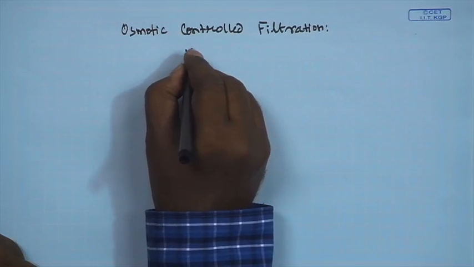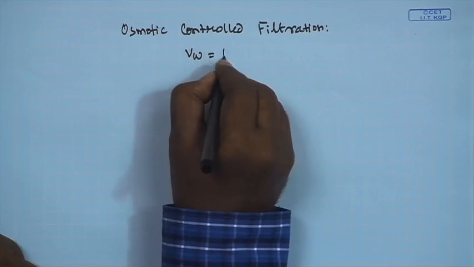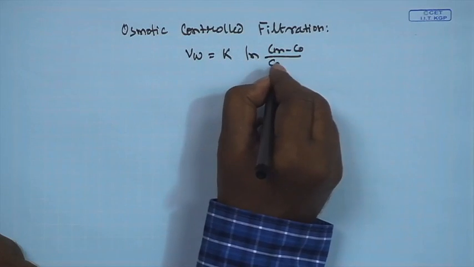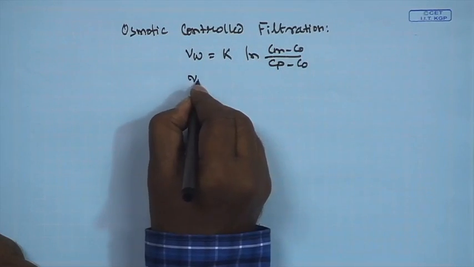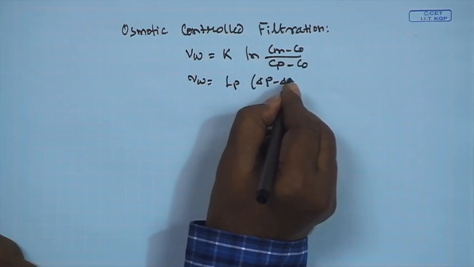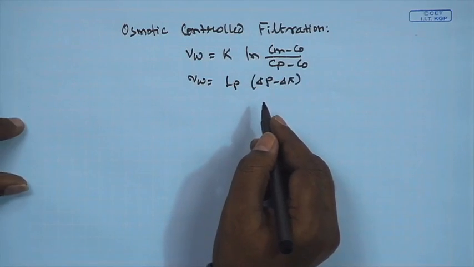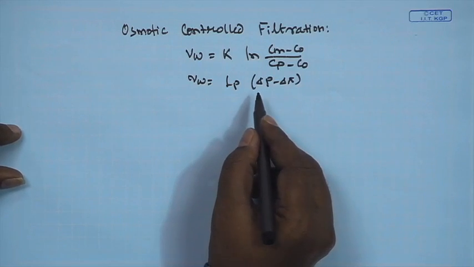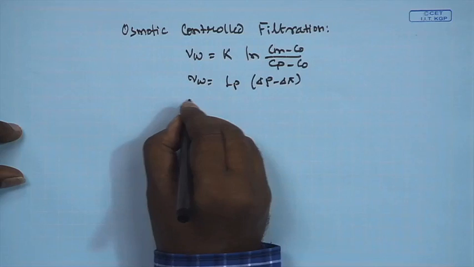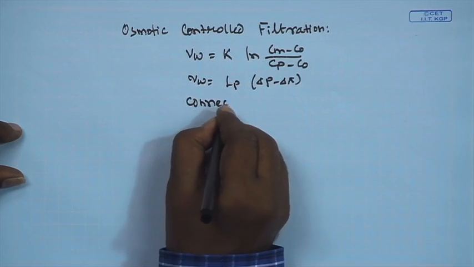We have the film theory, Vw is equal to k ln of Cm minus Cp divided by C naught minus Cp. We have Darcy's law, Vw is equal to Lp times del p minus del pi, and we have two equations and three unknowns: Cm, Cp, and Vw.